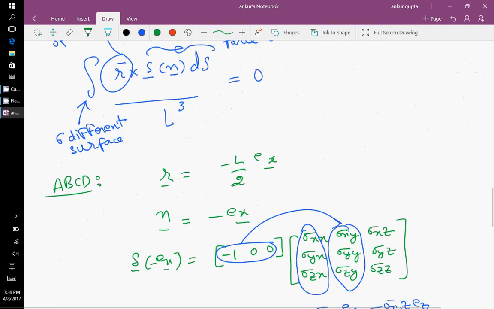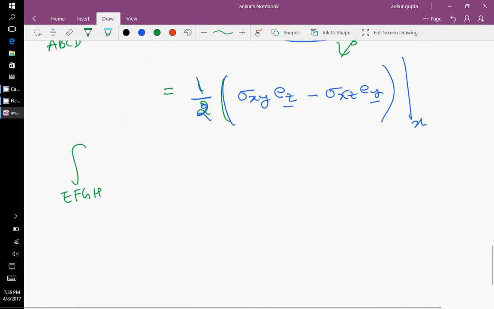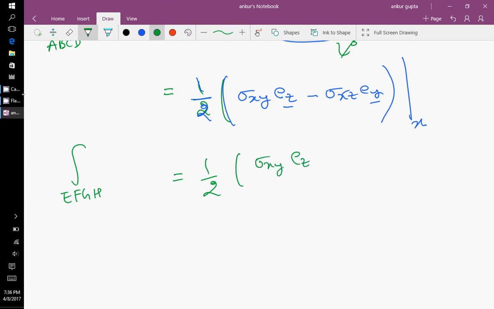So technically r is reversed and n is reversed, so you get the same expression. However, now the difference is that you will be evaluating this at x plus L. So we have written it for two surfaces. Now we can note a pattern and write this for the entire system.